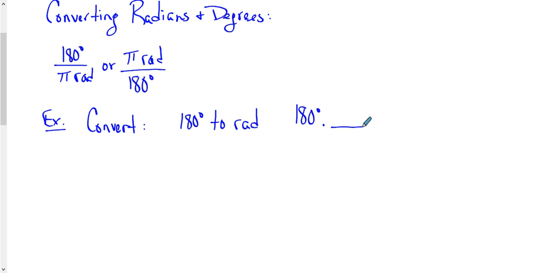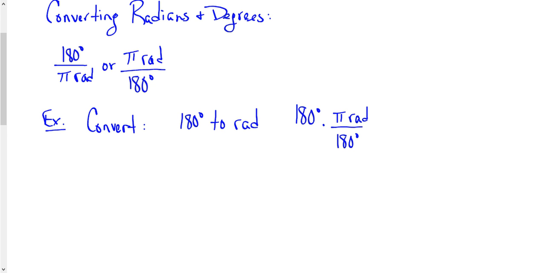And I want degrees to cancel and radians to stay, right? So won't I need degrees top and bottom of each other? Right? Yes. So let's multiply by the second one. Pi radians to 180 degrees.